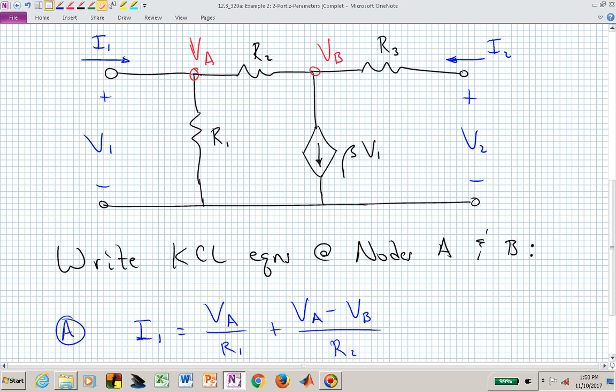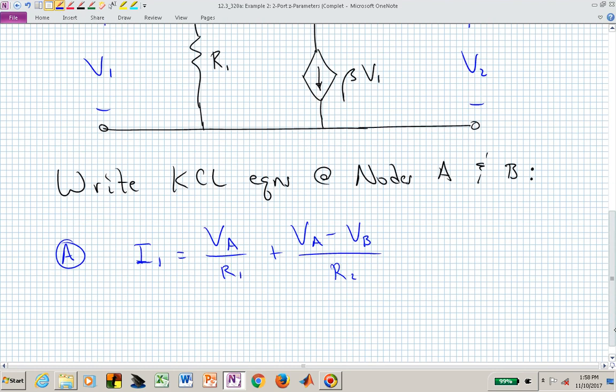That's one KCL equation in terms of the two node voltages that we've defined, V sub A and V sub B.